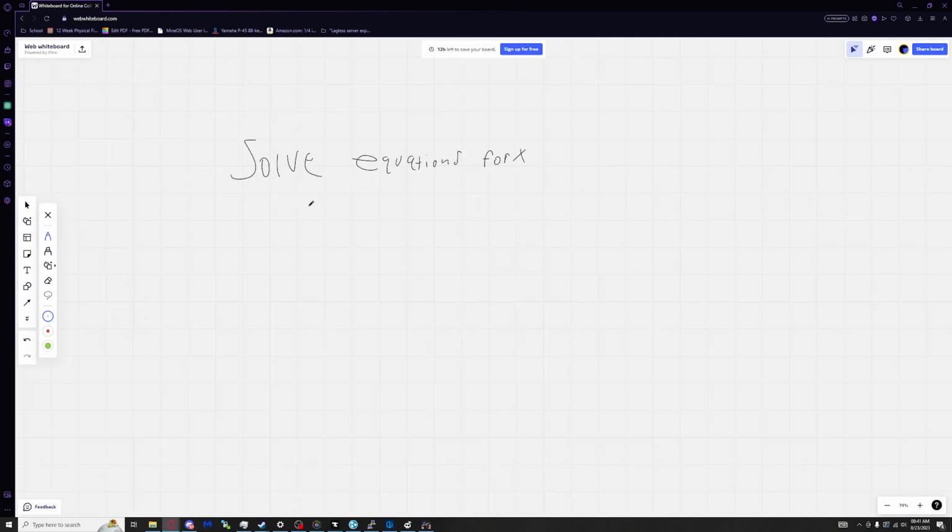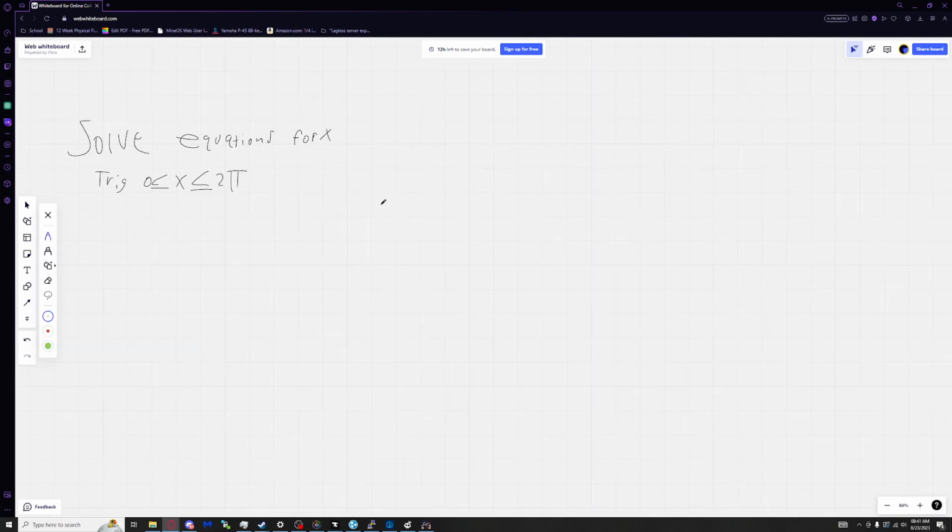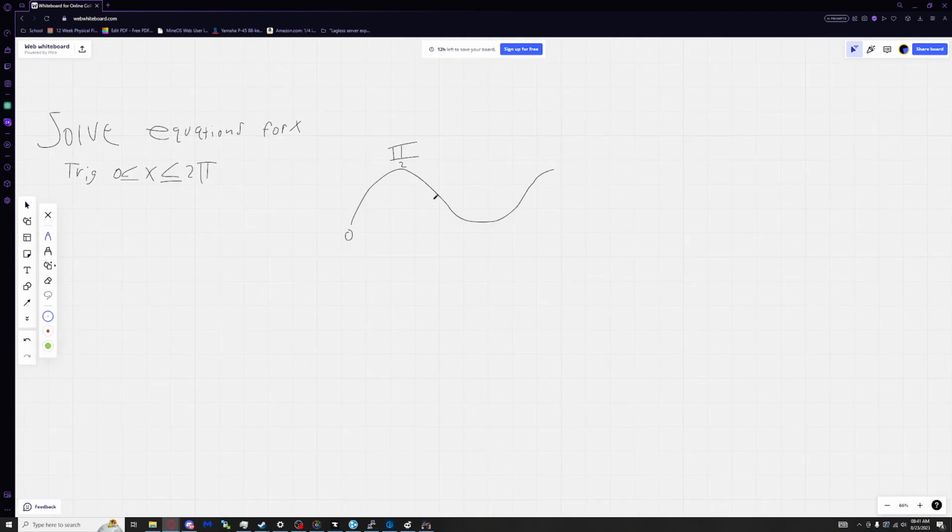And it also has a note for trigonometric functions. Restrict the domain to 0 is less than or equal to x, which is less than or equal to 2 pi. Now they do this because a trigonometric function often looks something like this, where it starts at 0 and then it'll have a peak here at pi over 2.